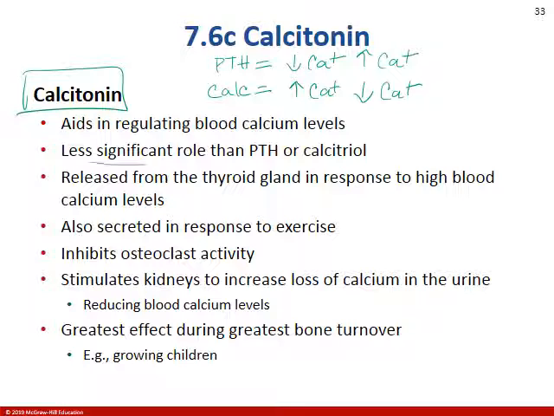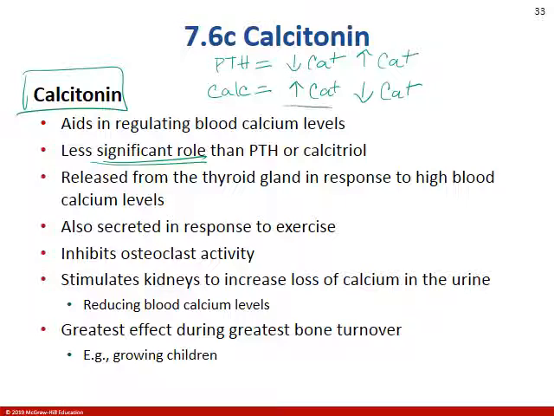Calcitonin is less significant than parathyroid hormone. Some people say this isn't even active in adults. I still want you to understand what calcitonin is because I think it's a good antagonist. It does the opposite of what parathyroid does. So you can kind of think of the two going hand in hand.